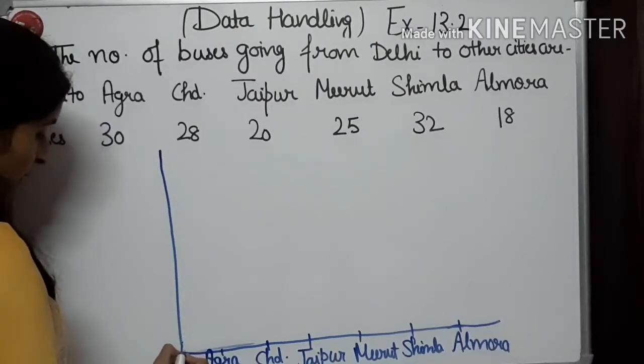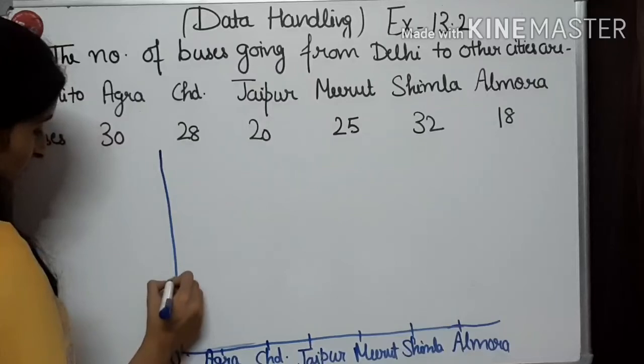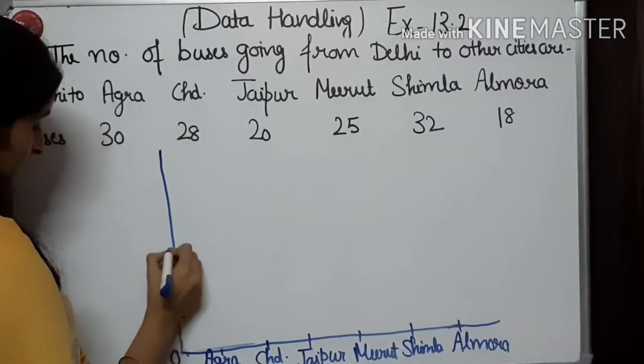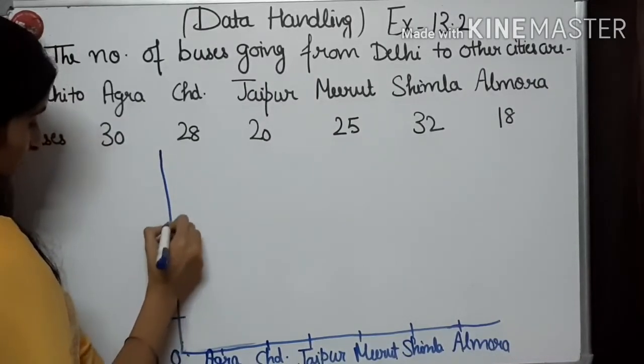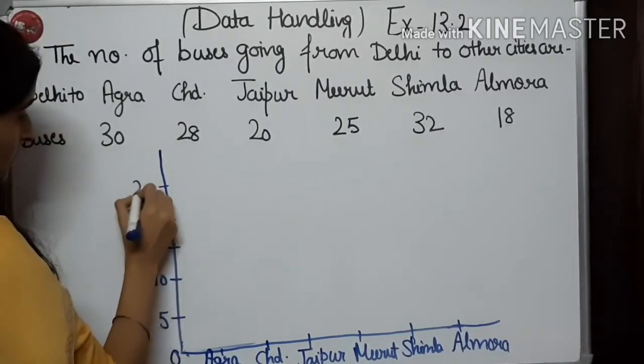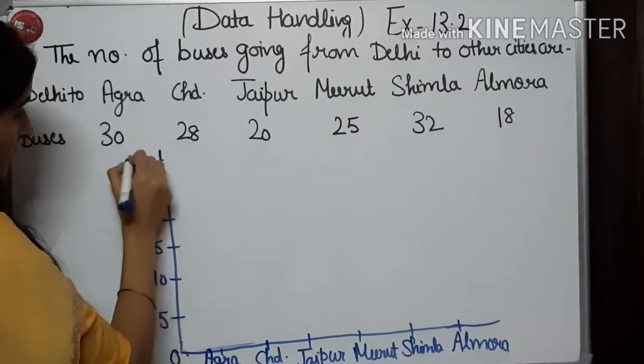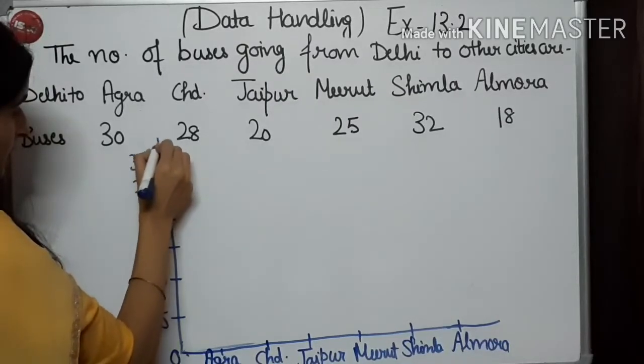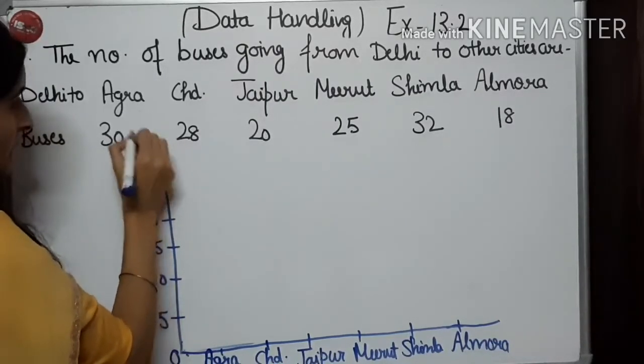So again I am going to start from 0, 5, 10, 15, 20, 25, 30 and 35.